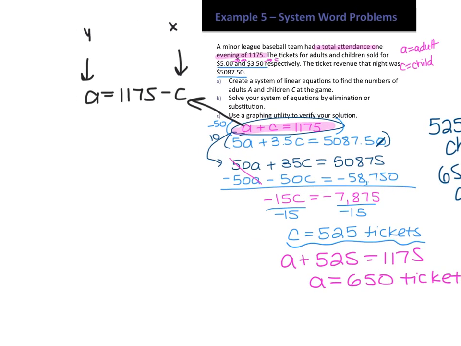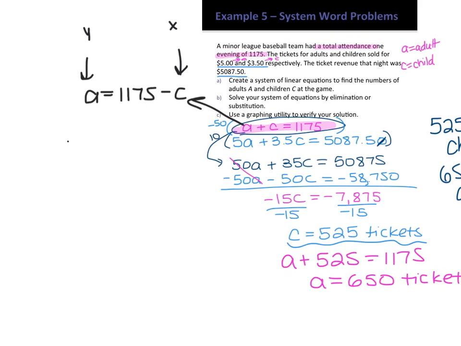Then I have to solve the second one for A as well. So I would get 5A equals 5,087.5 minus 3.5C, and then I'd have to divide everything by 5. And then let the calculator do that work for you.